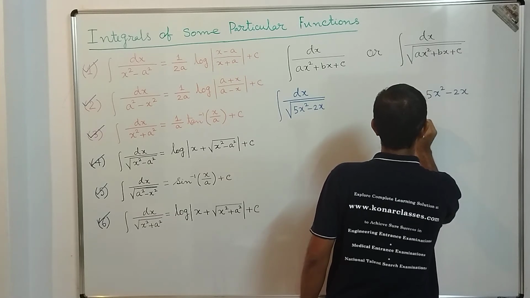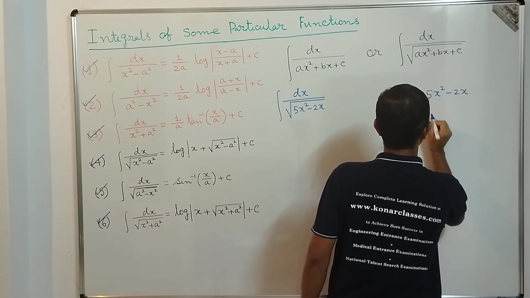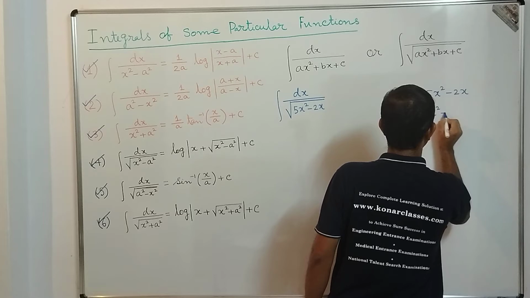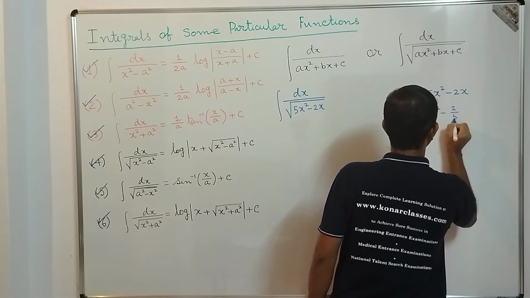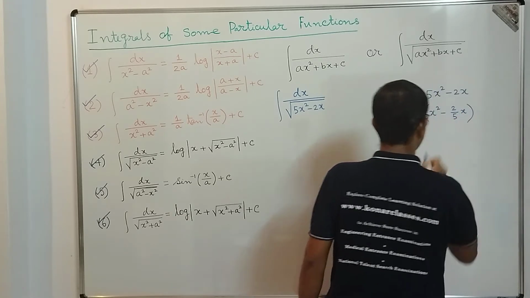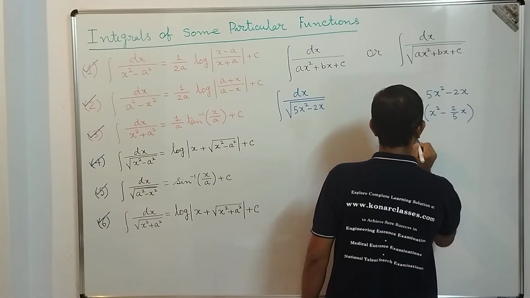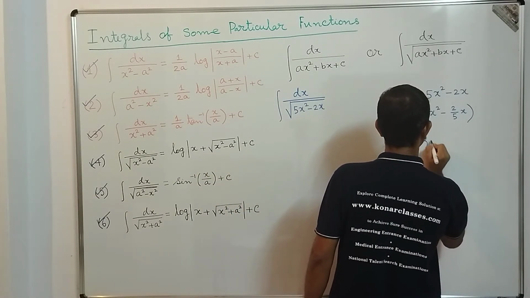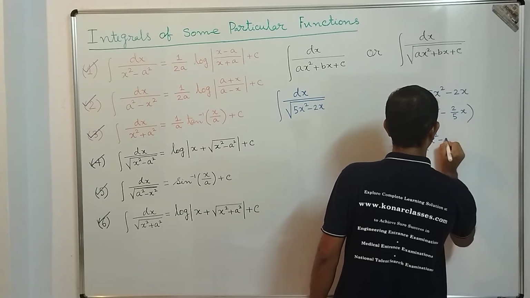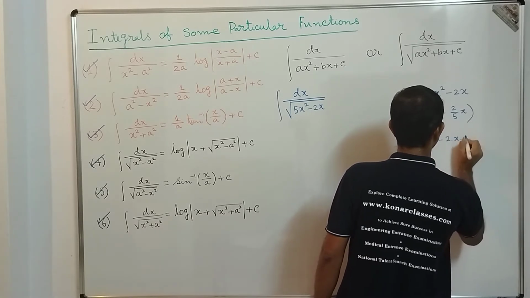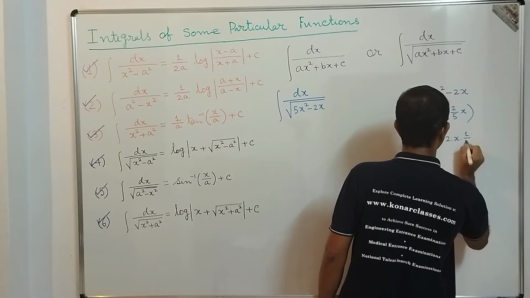First I will take 5 common. If we take 5 common, we get x square minus 2 by 5 into x. So that is equal to 5 into x square minus 2 into x into 1 by 5.